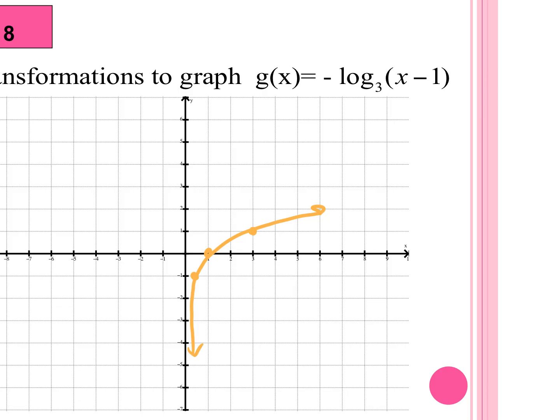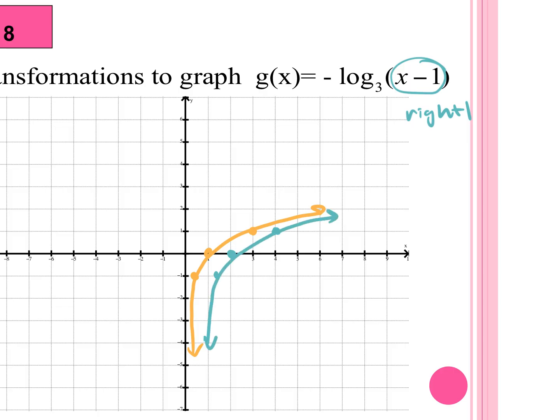When we subtract 1 on the inside, which direction does that move our graph? If we subtract 1 on the inside, to the right. So we're moving to the right one. So all 3 of our points, we're going to shift to the right one. So our graph now looks like this.